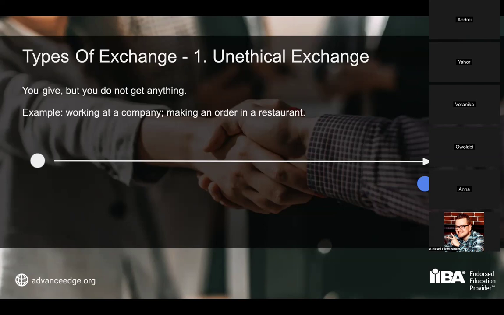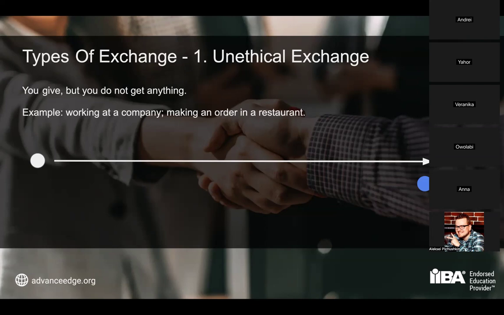For example, you have been working for a month, you are expecting to receive your salary, and the salary is not coming, right? And your employer says, well, sorry, we have gone through bankruptcy, and now we are not paying anybody. That was your last month of work with us, and we are not paying for this. This is an unethical exchange or a criminal exchange.